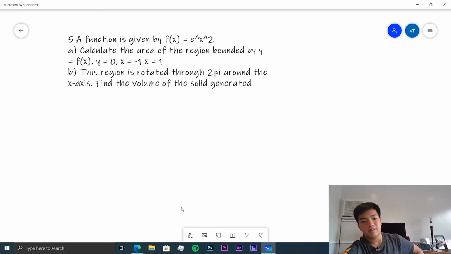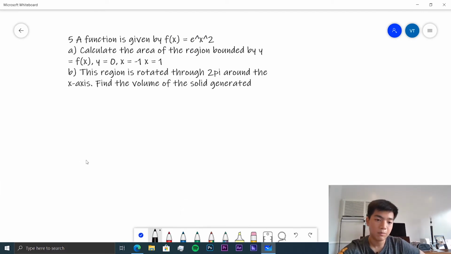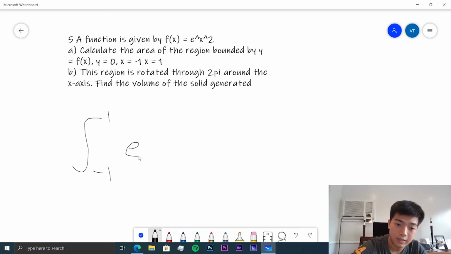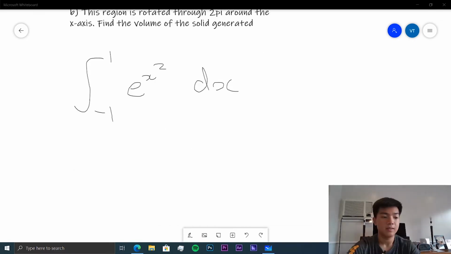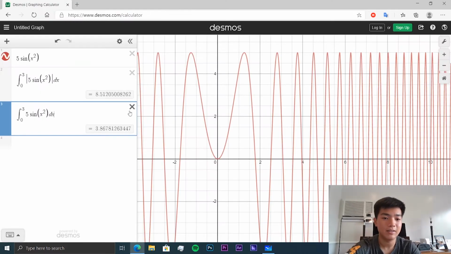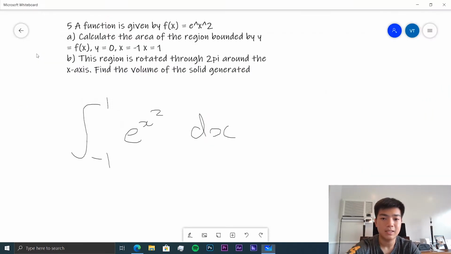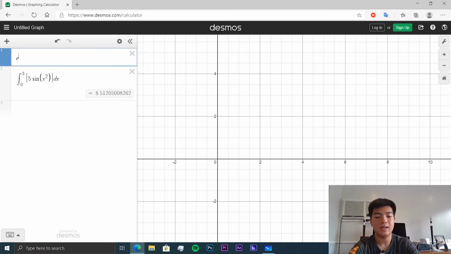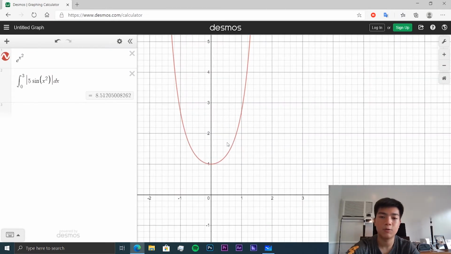Okay, to calculate the area bounded, we need the area between -1 and 1 of e to the x squared dx. This shouldn't have any zeros. Just like the last integral, it's impossible to find the area of this without using our handy calculator tool. In our case, this function looks like e to the x squared, or looks like this.